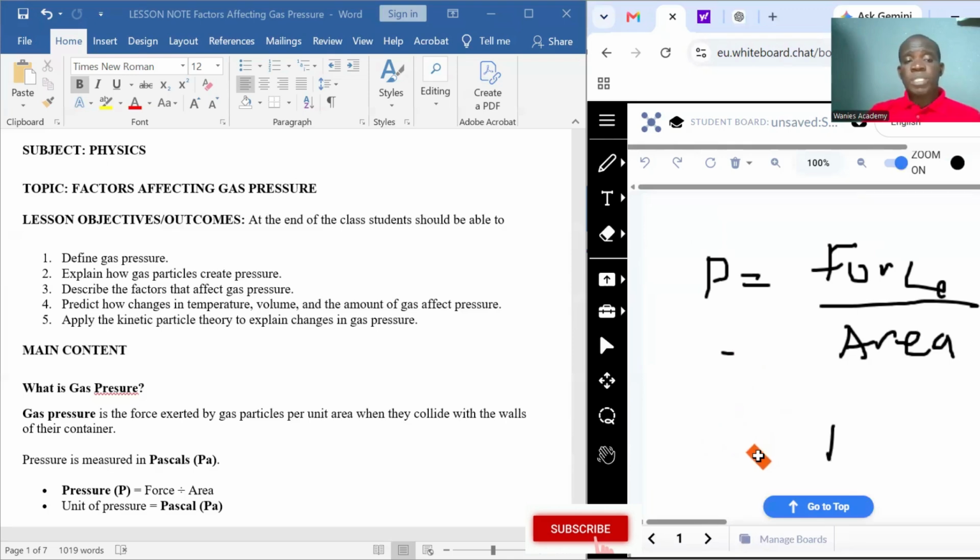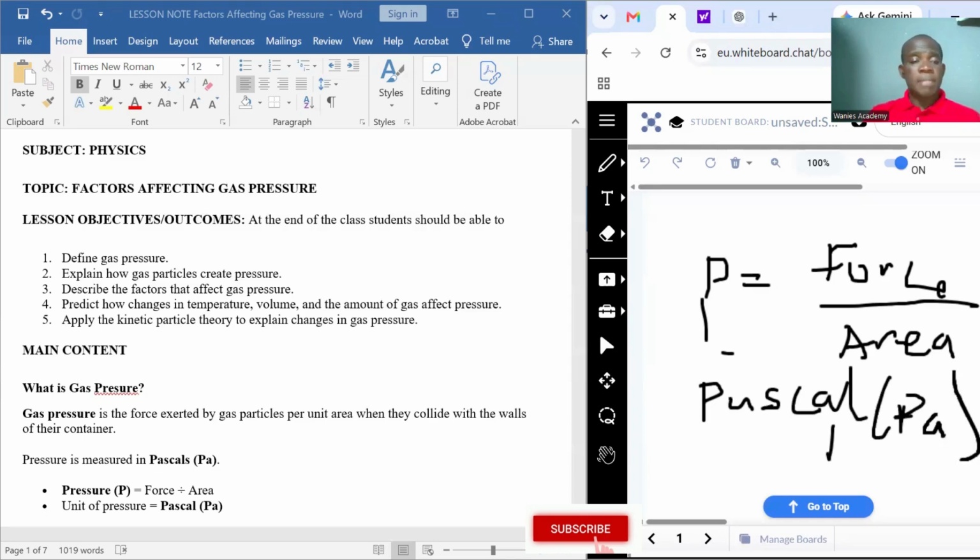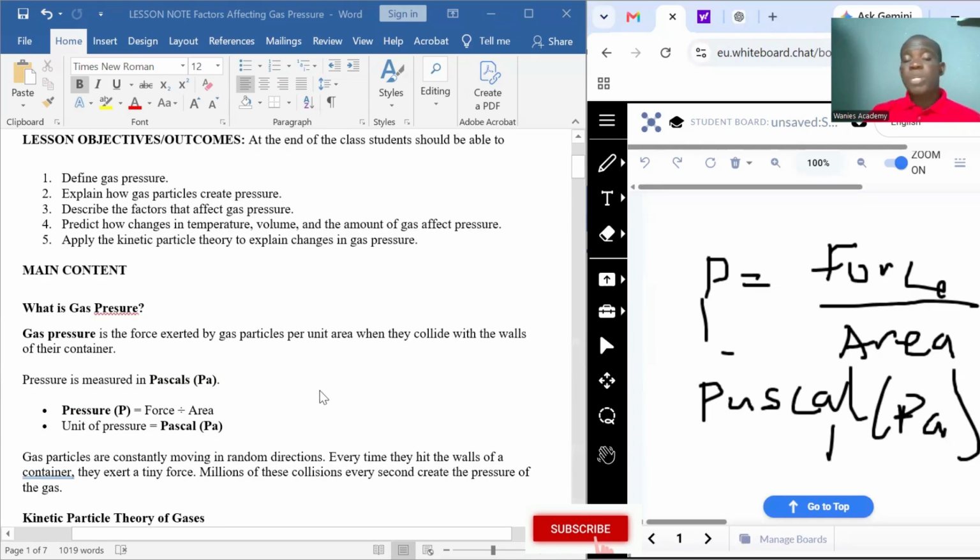The unit of measuring pressure is the Pascal, Pa.